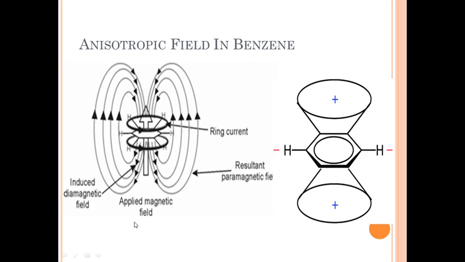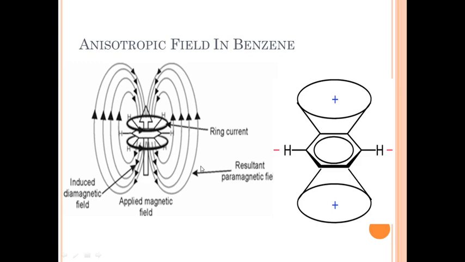Now look at the center of this molecule. In the center of the molecule, the applied magnetic field is opposed by induced magnetic field. And in this outside region, applied magnetic field is parallel to the induced magnetic field.